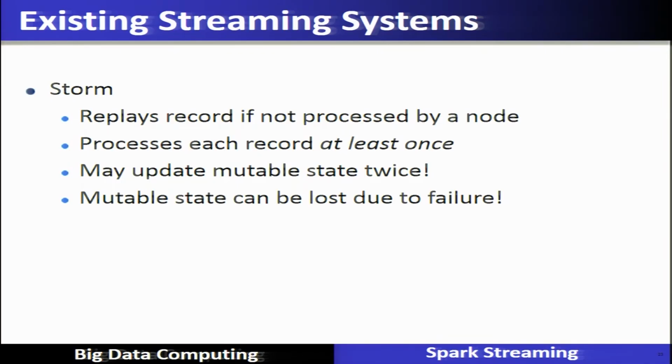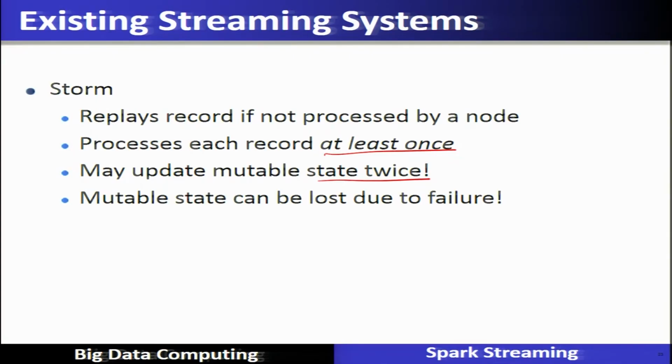That means if the nodes fail to apply the updates to the mutable state, it will update twice. That becomes a problem in at-least-once semantics, hence the mutable states can be lost due to failures. So this at-least-once semantics creates problems at times where updates are not to be done twice.